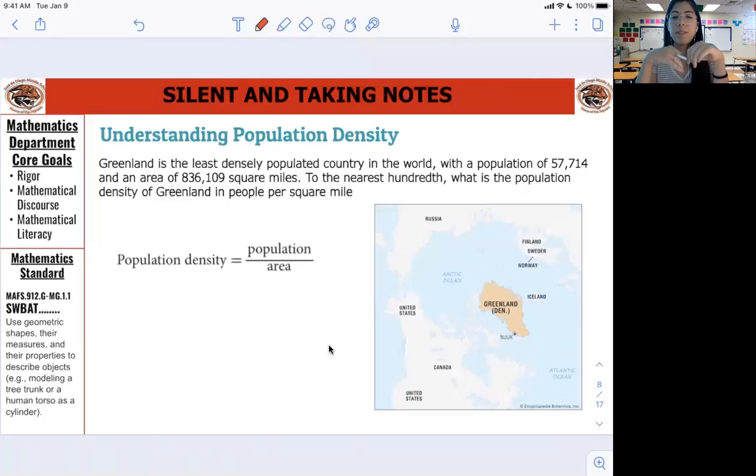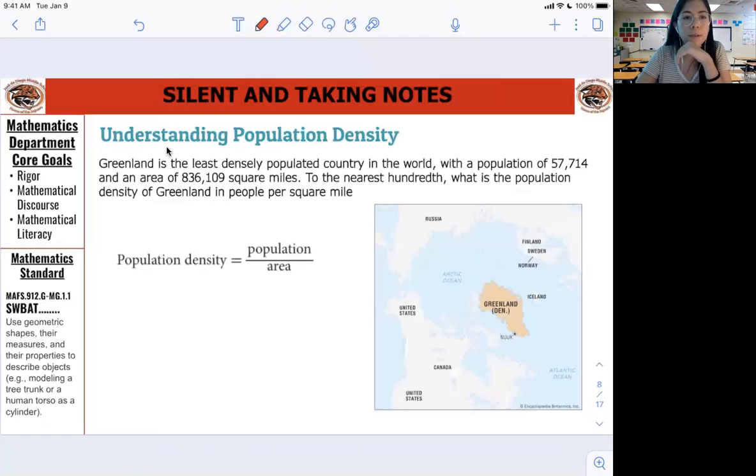Which city is going to have a higher population density? Miami or Wichita, Kansas? Miami. Wichita, Kansas, probably not going to be that crowded. So population density is basically measuring how crowded a place would be.